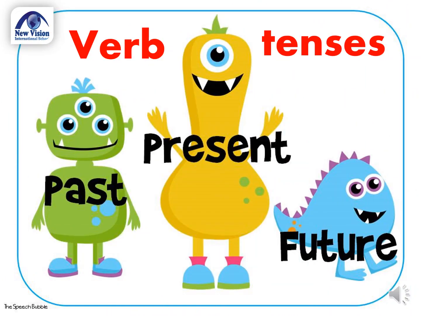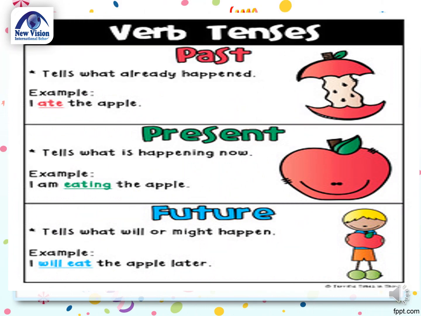Before, we talked about the three verb tenses, which are past, present, and future. But today, we will talk about the present and past only. But first, let's remember the difference between the three verb tenses.